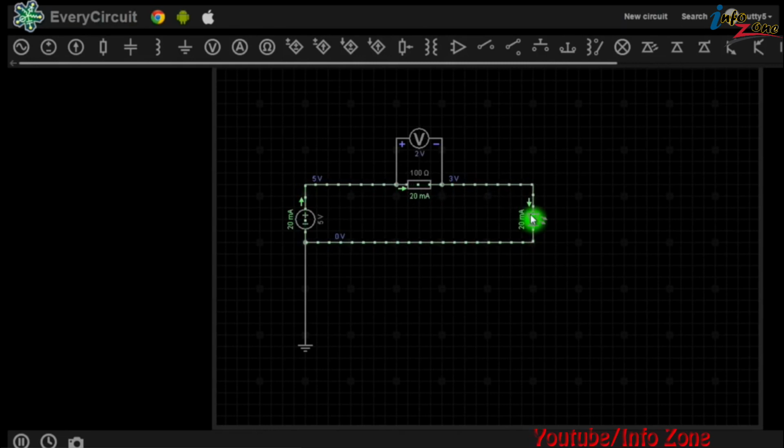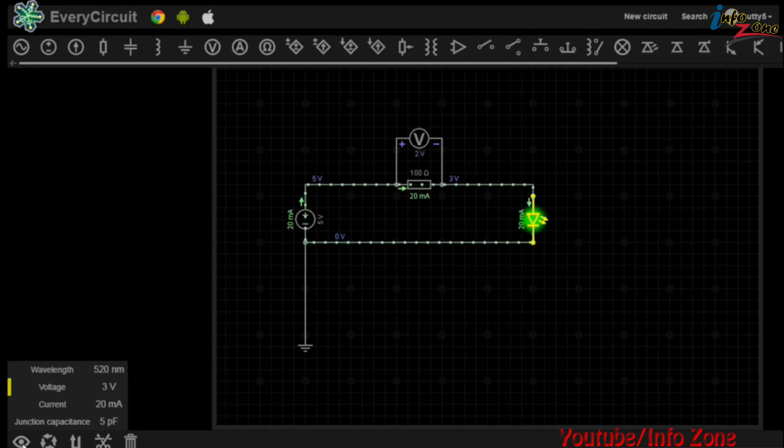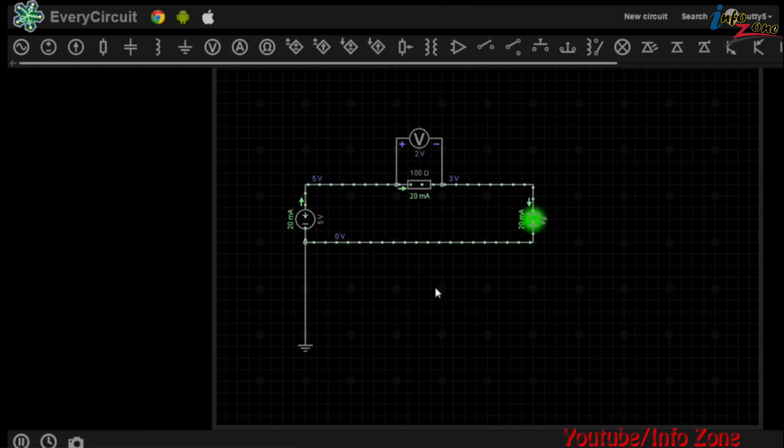So our LED is now being provided with 3 volts at 20 milliamps. And that's the current that we actually required to light our LED as specified in the LED's properties, 3 volts and 20 milliamps.